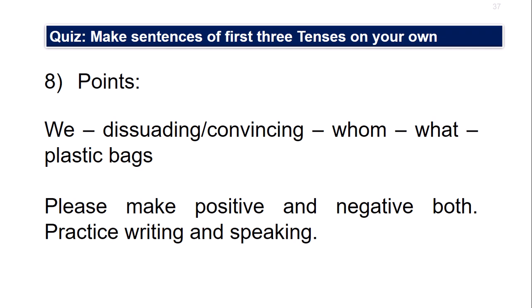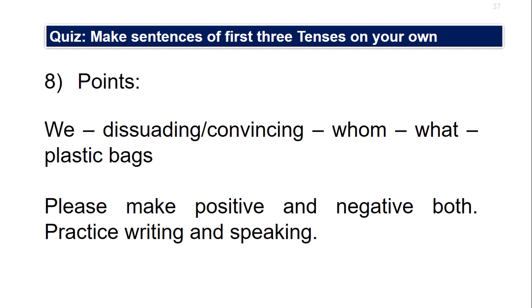The points for the eighth sentence are on your screen at the moment. Dissuade is something equal to convincing. So here I have tried to give you some examples or points in such a way that you can have practice of vocabulary as well.